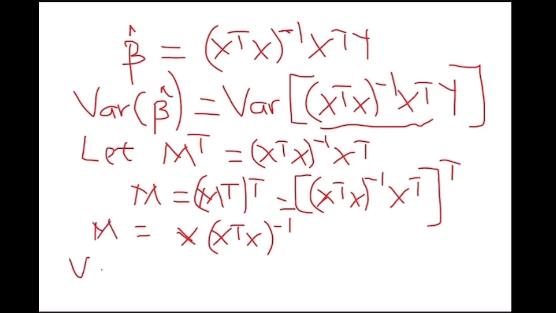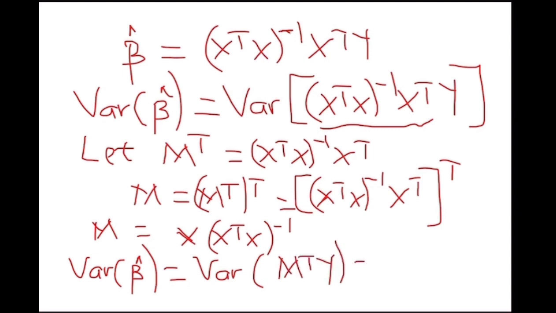So if I want to write the variance of beta cap, I'm going to have the variance of M transpose Y, which I can rewrite as M transpose variance of Y M. Look at that, I can write it that way.